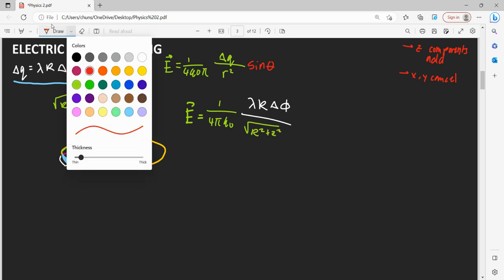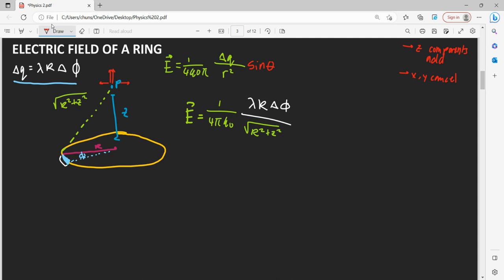And now we need to think about our sine. So using our knowledge from the example we did previously, if this were our theta, it's going to be z over r squared plus z squared.